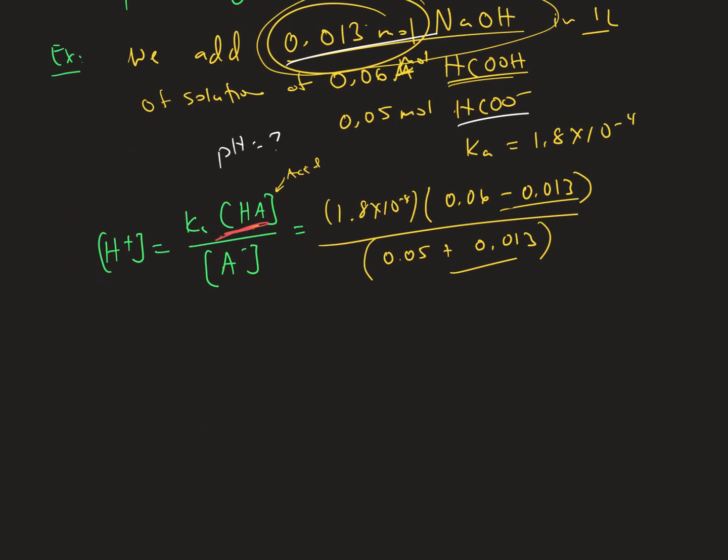So when we figure this out, we calculate it. It gives us our H plus. And you guys know how to do this mathematically, right? Parentheses first. We find that value, find this value, and then we multiply and divide, right? And we're going to get 1.34 times 10 to the negative 4. And then we find our pH.